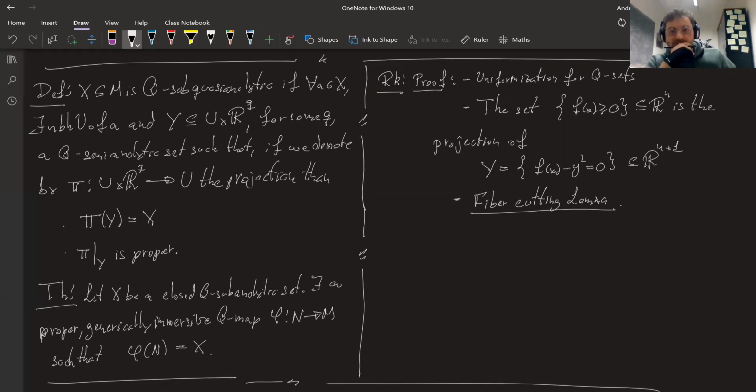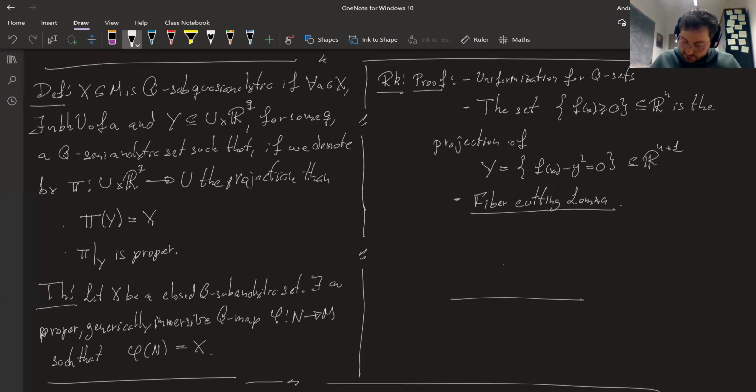I just wanted to say that it's a useful result and why. If we look at the definition, we're not saying anything about the dimension of Y compared to the dimension of X. The fiber cutting lemma allows us to have a relationship between these.